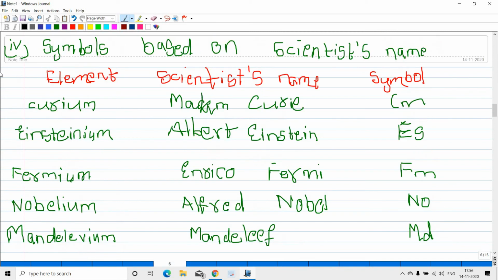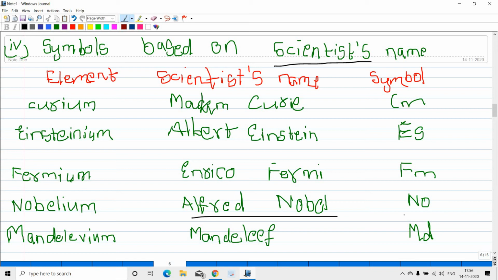Coming to the fourth one, symbols based on scientists' names. The scientists who discovered the elements kept their names in the symbol formation. Take nobelium. Who discovered this?